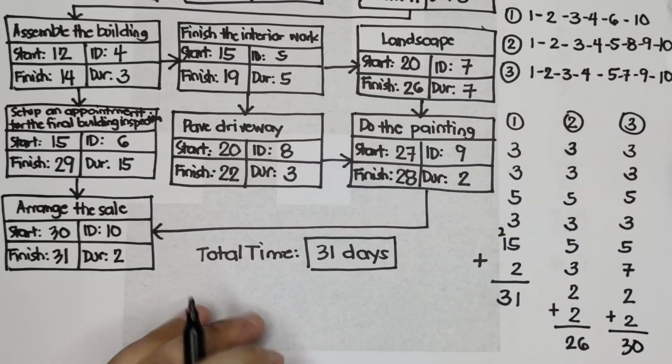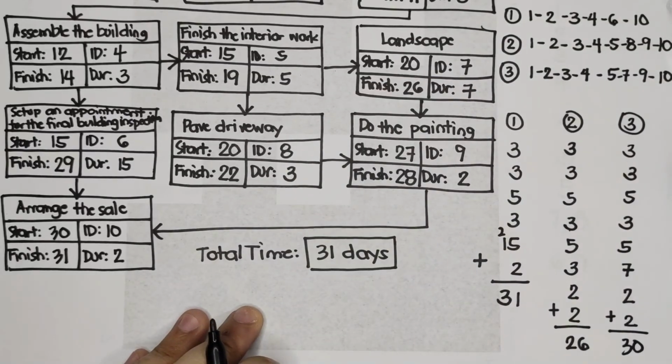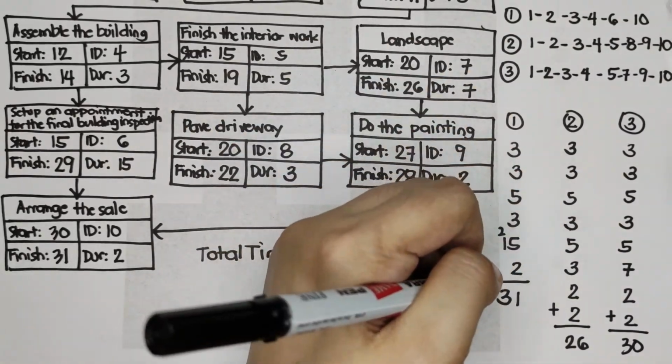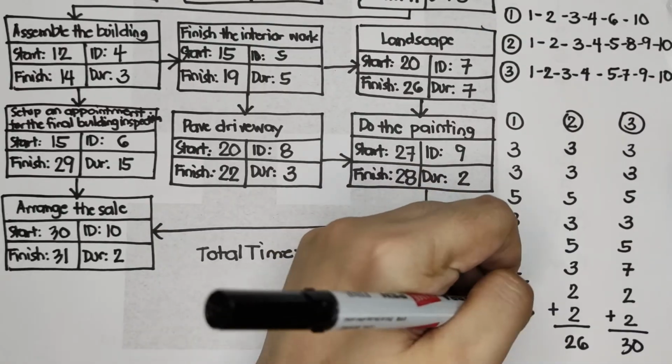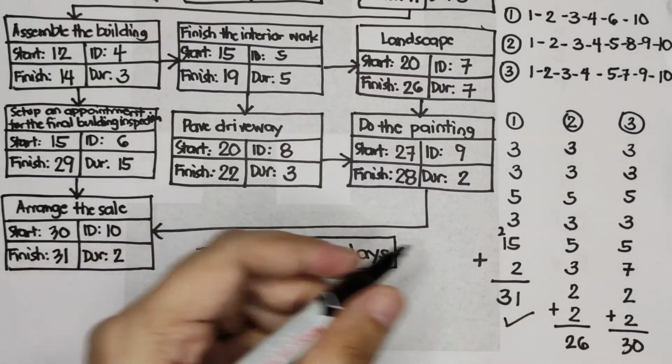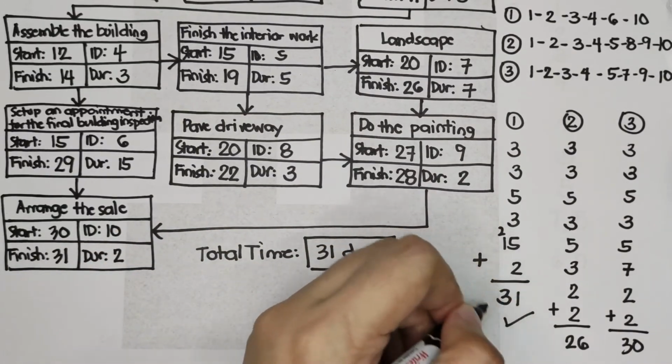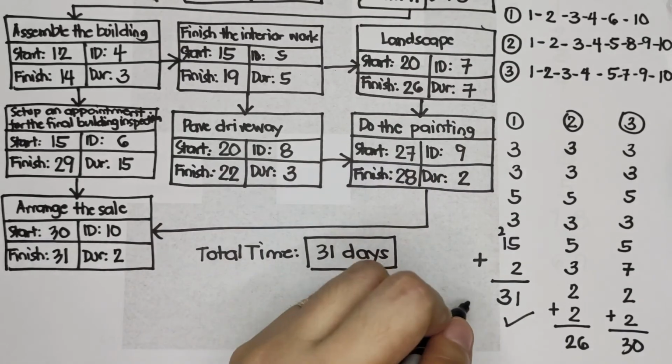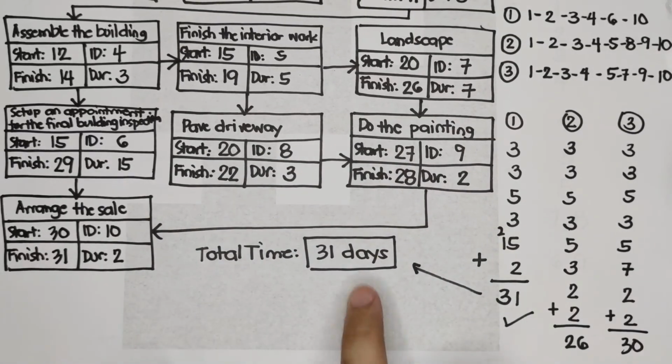Okay. So, which of them is the largest? Since path number 1 is the largest, this will be our critical path. And as you can see, the total duration of the critical path must be equal to the number of total days.